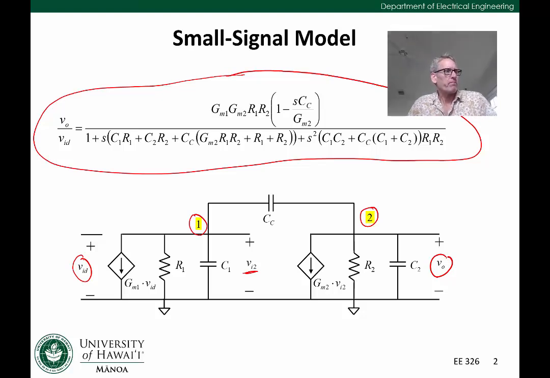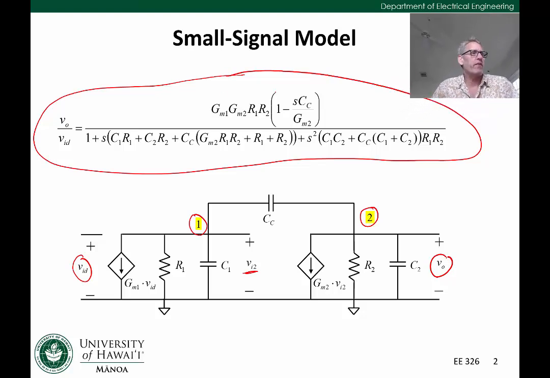And what we can see right away is that we have some terms in the numerator and denominator indicating we might have some poles and zeros. As for reference, this is equation 13.24 in your text.